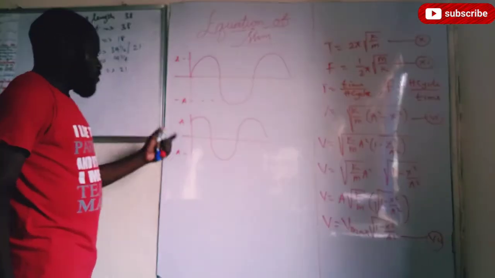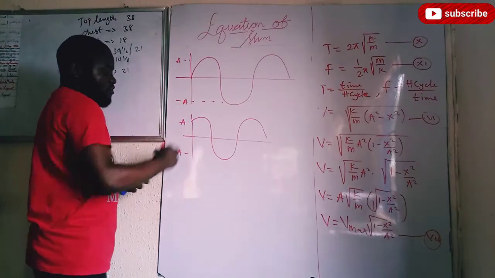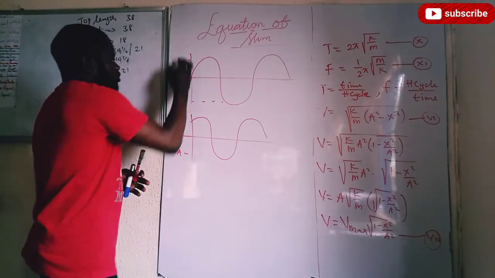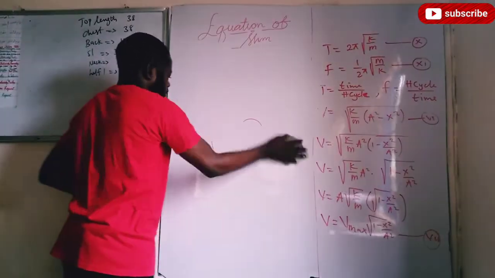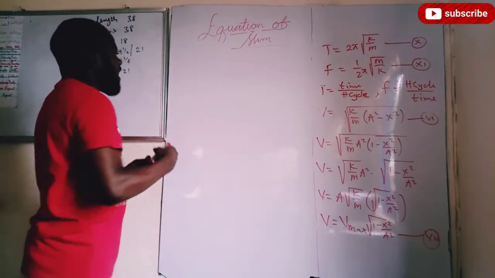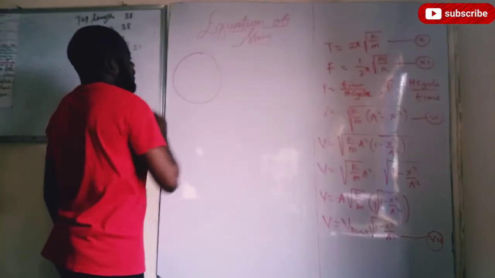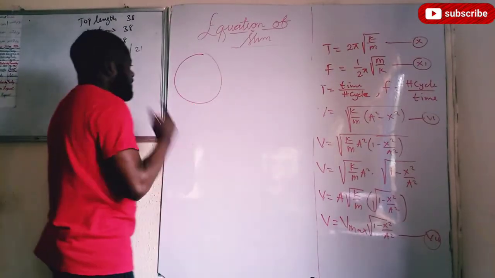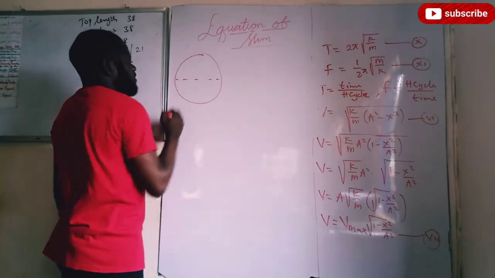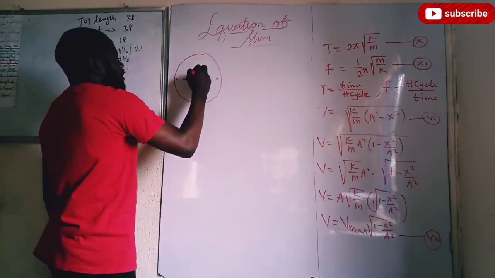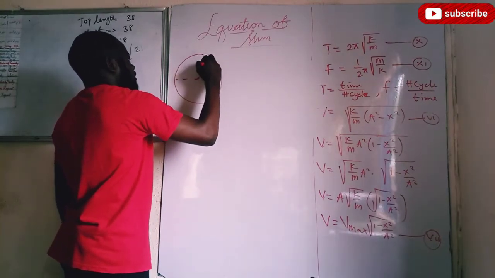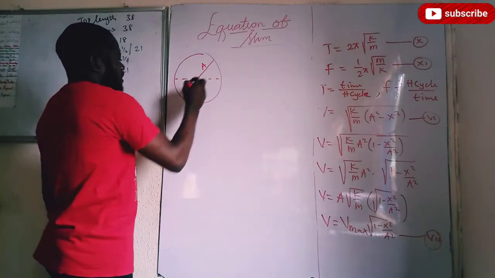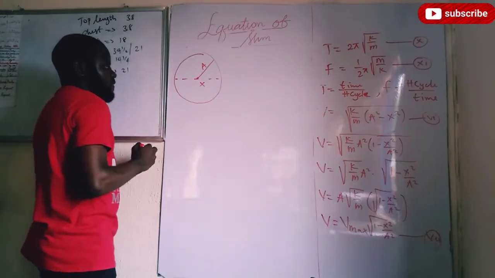So how do I go about this? I would not like to say much here, but I want to show you the rudiment of the equation. If I have a circle like this, I can use it to represent the way the body is oscillating. This is the horizontal, which is the diameter, and here is the amplitude. Are we together now? This place is our displacement x.